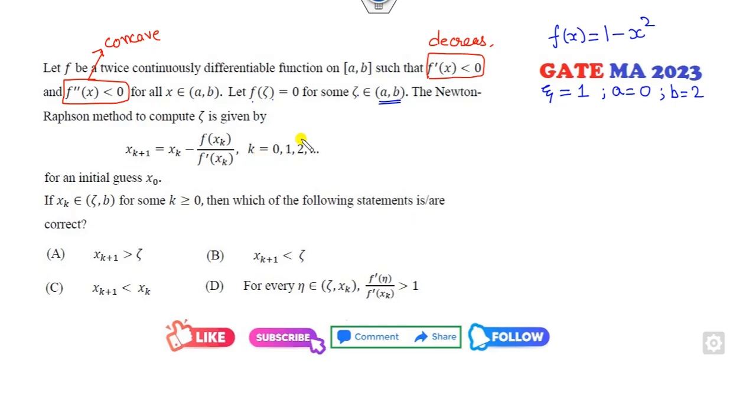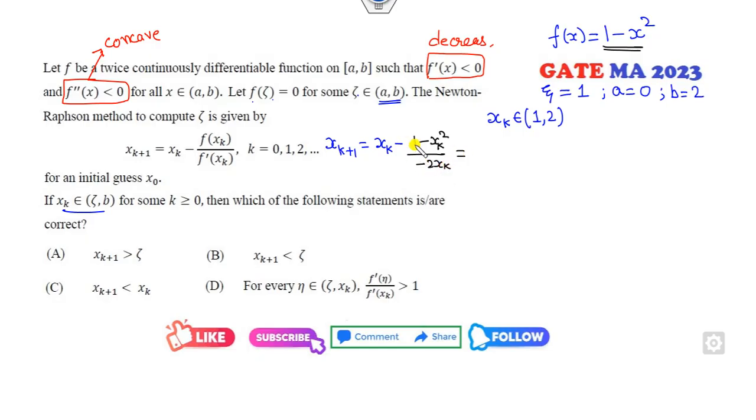Then this is the Newton method scheme. xk belongs to eta and b, for some k. Which of the following statements are correct? So I can write this formula. What is xk plus 1? It is xk minus f of xk over f dash of xk, which is 1 minus xk square divided by minus 2xk.